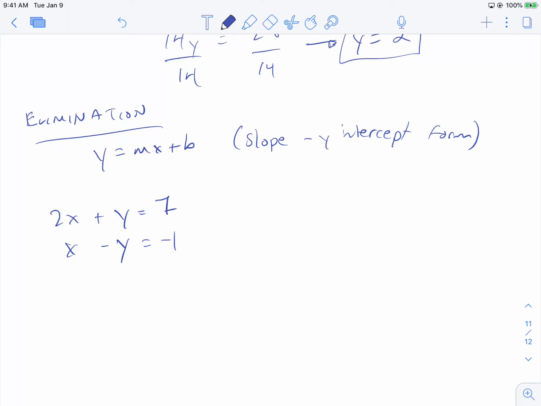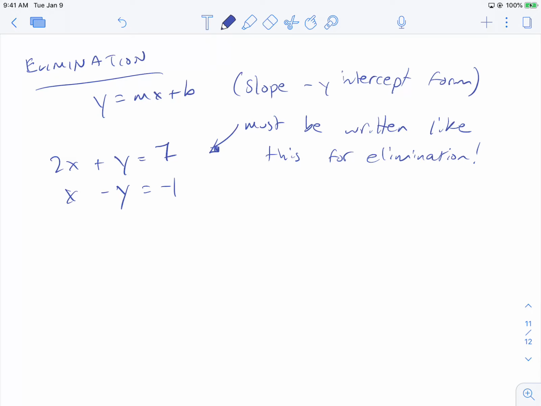That's not quite slope y-intercept form, and in fact, for elimination, this is actually a better way to do it. This is how we want these things written. So for elimination, we must have our equations written like this. Okay, and you'll see that 99% of the questions we give you for elimination, they are already written like this. So what does elimination do?